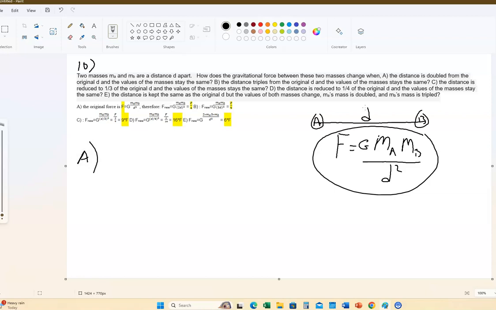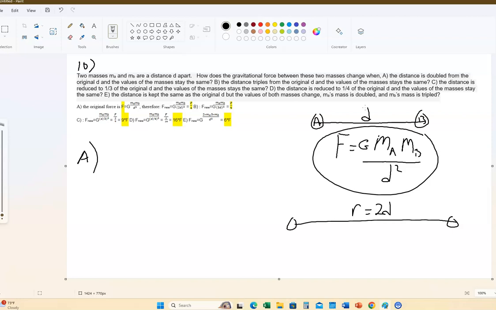So for part A, if the distance is doubled, now we have this scenario where we have the exact same two masses, but the distance is now the new distance. I'll call the new distance R. R is equal to 2 times D, two times the original distance.